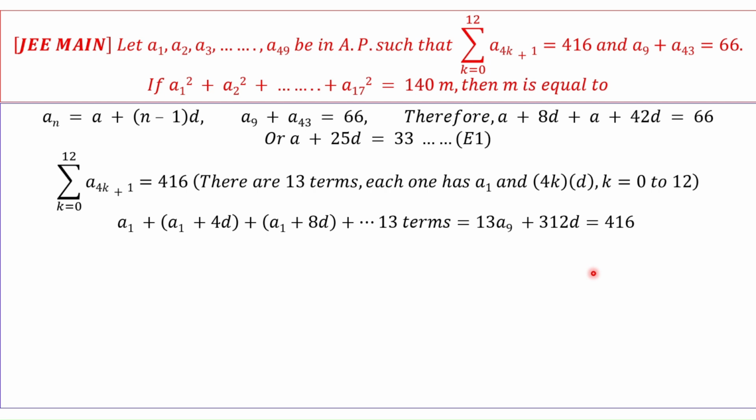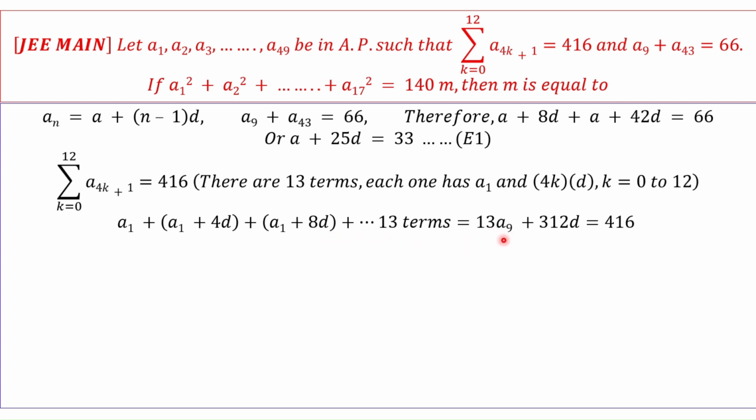Now it is given that sigma k equal to 0 to 12, a 4k plus 1 equal to 416. How many terms are there? Total 13 terms, since 0 to 12 is 13 terms. Each one has a1 and 4kd. So I can write the terms as a1 plus 4d plus a1 plus 8d and so on, 13 terms basically.